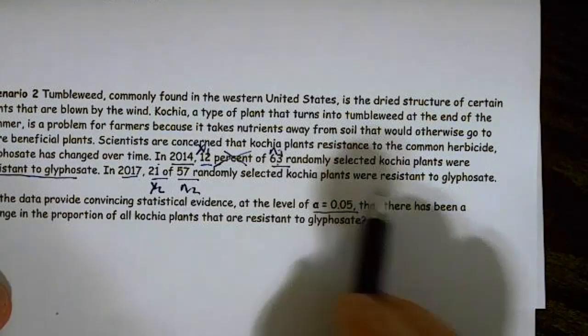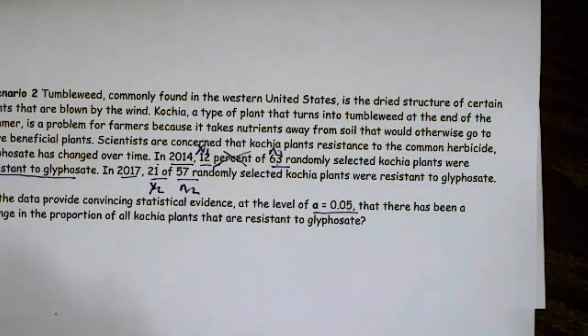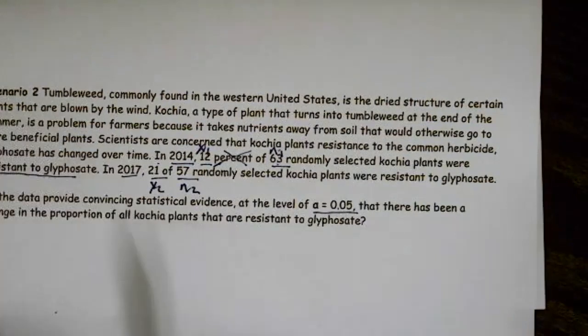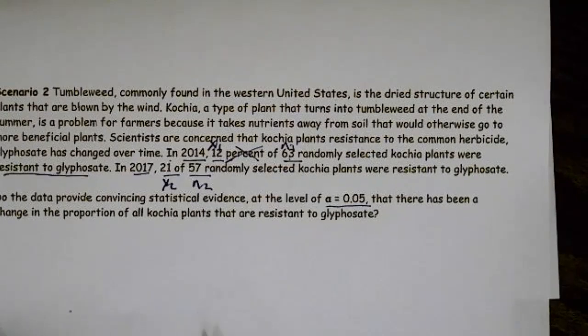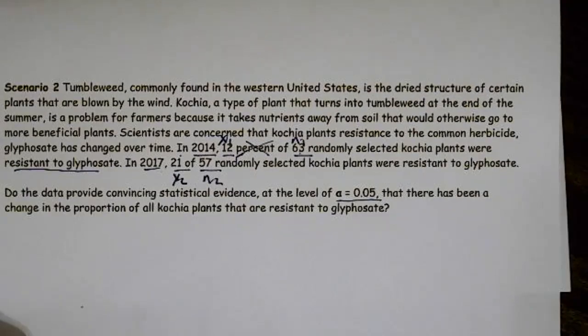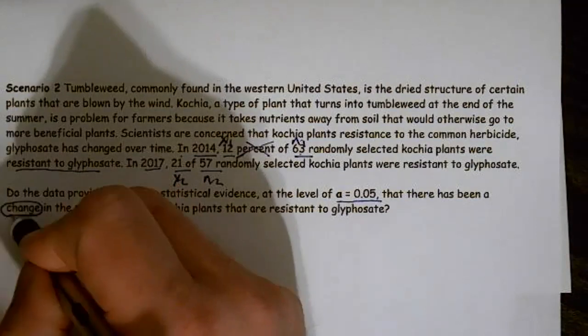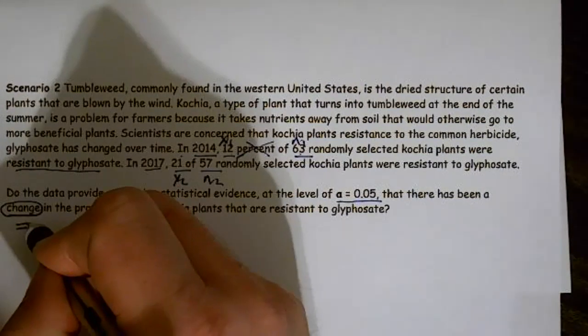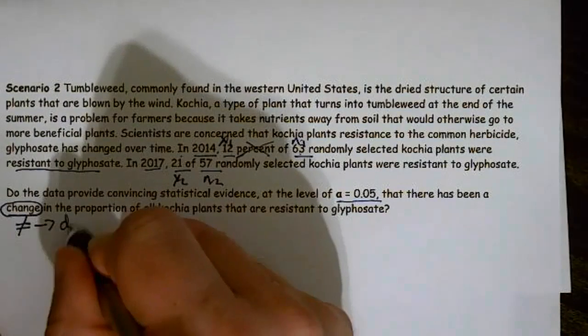Randomly selected Kochia plants were resistant. Do the data provide convincing statistical evidence at alpha equal 0.05 that there has been a change in the proportion of all Kochia plants that are resistant? Change, remember, is not equal to, and we like to use the word difference or different.